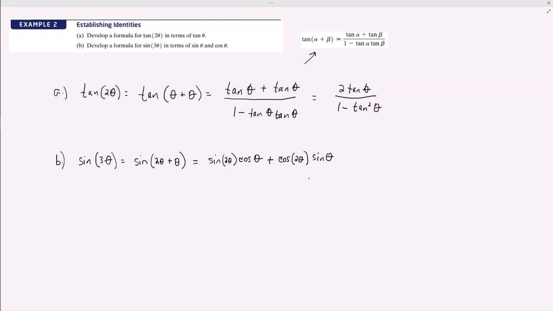Okay, so at this point, we're going to just go ahead and substitute what we know to be sine of 2 theta and cosine of 2 theta. Okay, so substituting for sine of 2 theta, we're going to get 2 sine theta cosine theta.